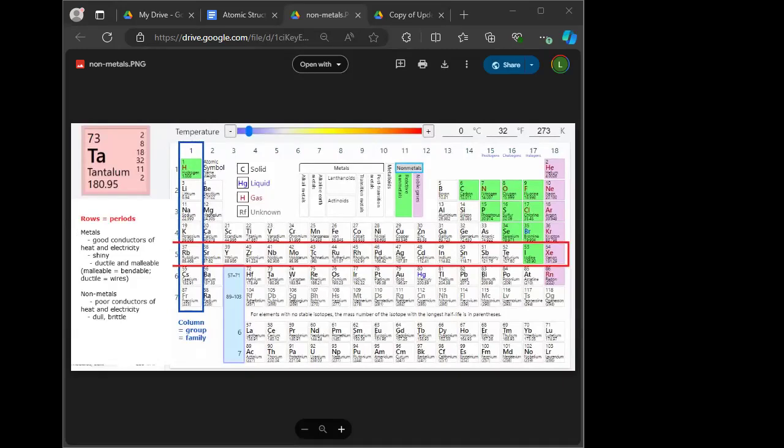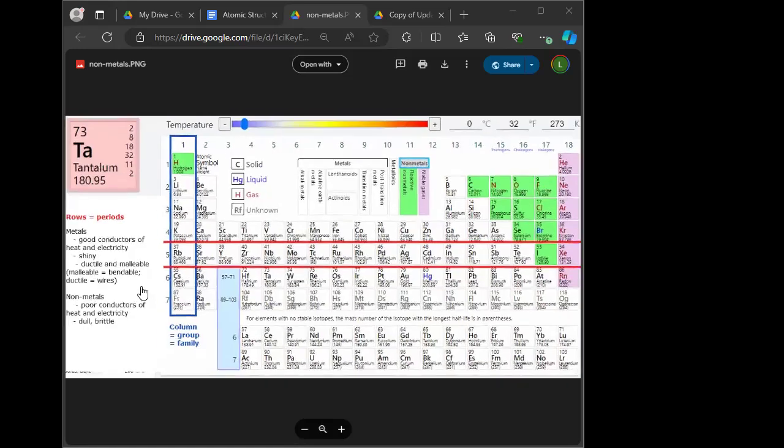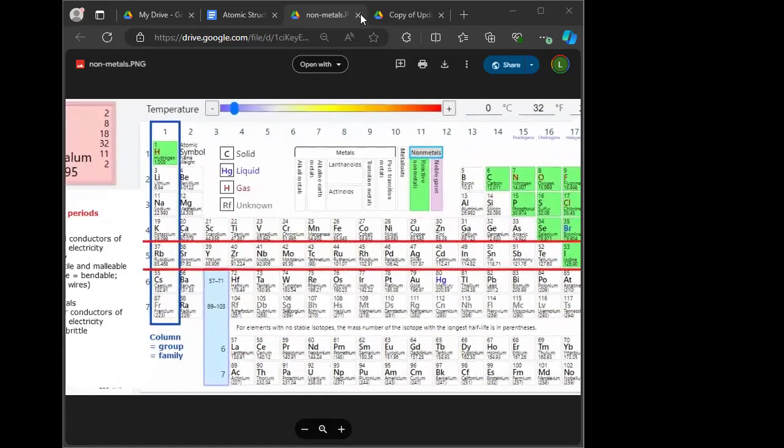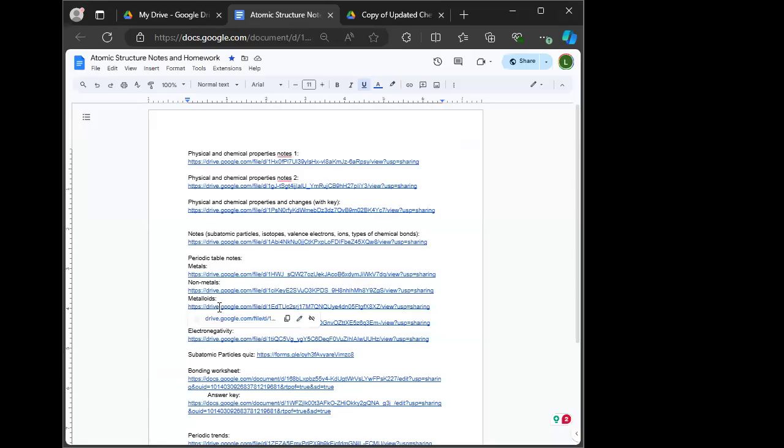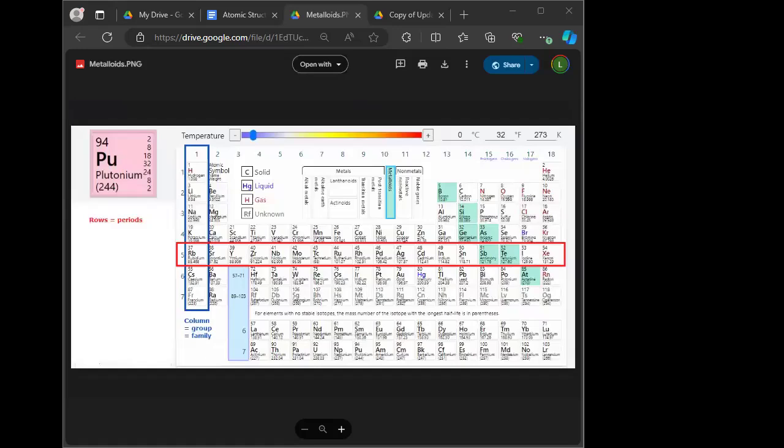Okay, now let's take a look at metalloids. So the metalloids, that's what I was getting ready to say, those are like semiconductors of heat and electricity, and they're semi-ductile and semi-malleable.